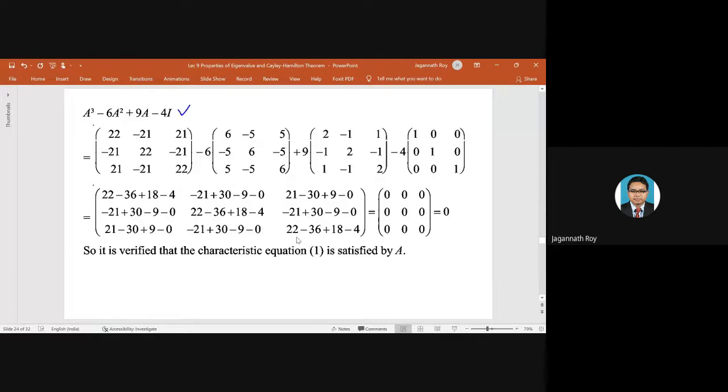So the next task is to show that this is a 0 matrix. So this is up to the first task, that we have verified the Cayley-Hamilton theorem for this particular matrix, that it is satisfying its characteristic equation.